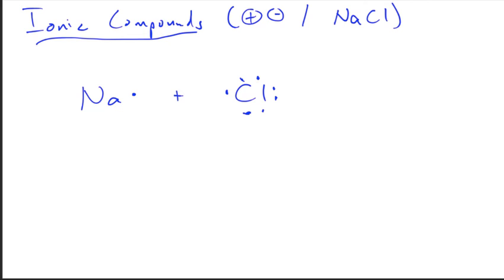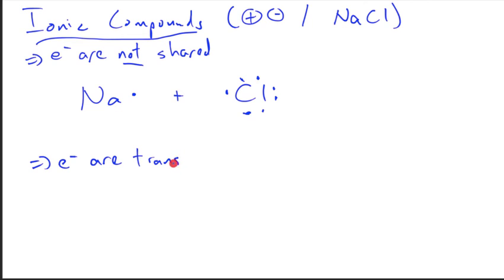Now, in an ionic compound, the thing you've got to remember is that electrons are not shared. The electrons are transferred between the two elements. And one way to show it is something like that, where, as we learned back in chapter 2, if something loses an electron, it takes on a positive charge.